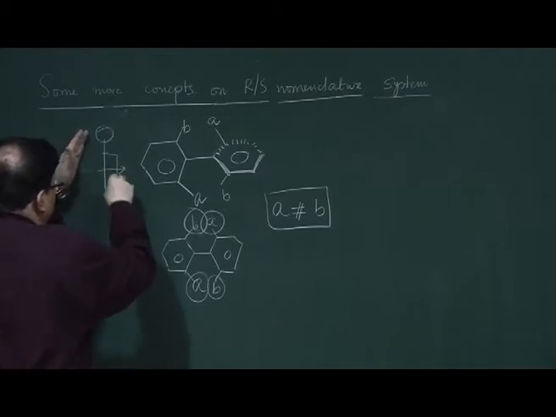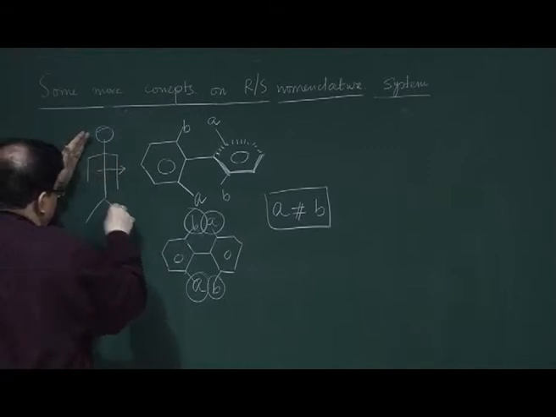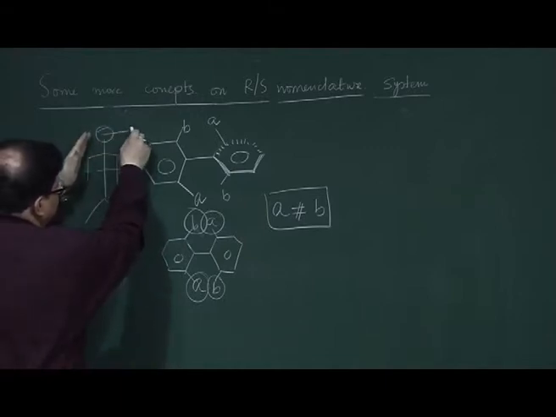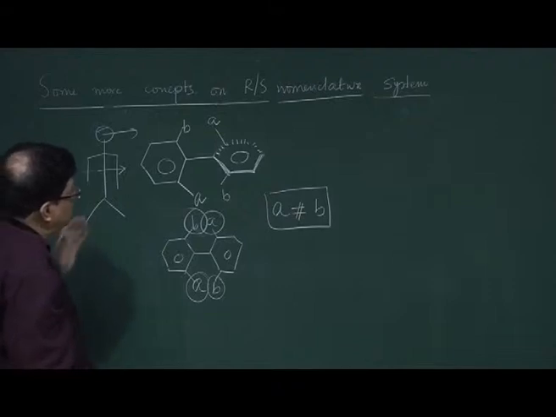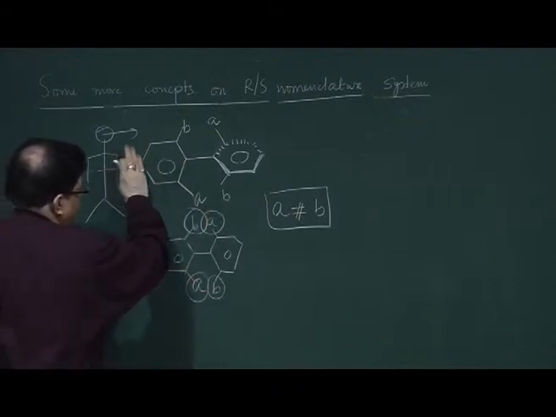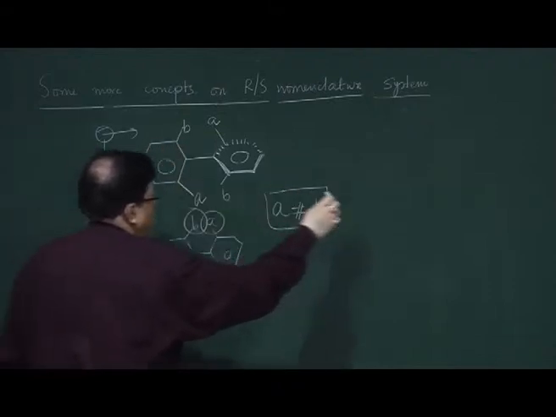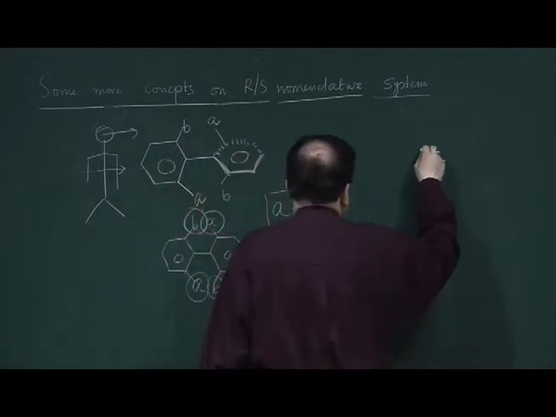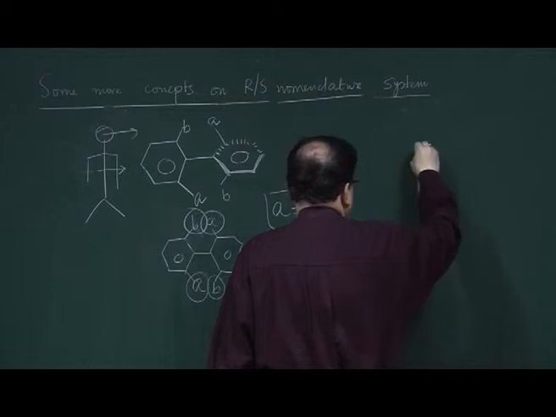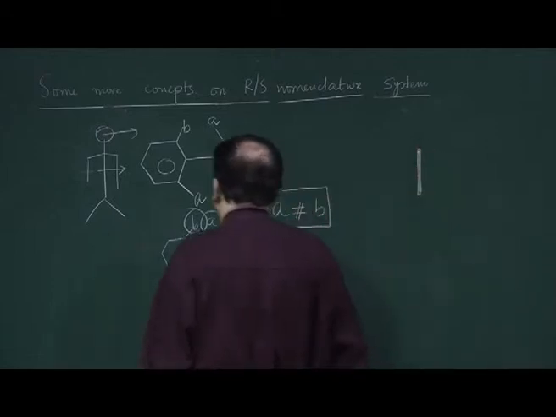So, I am looking from this side. Then this benzene ring will form a horizontal axis, because it is closer to me. So, I put it like this.